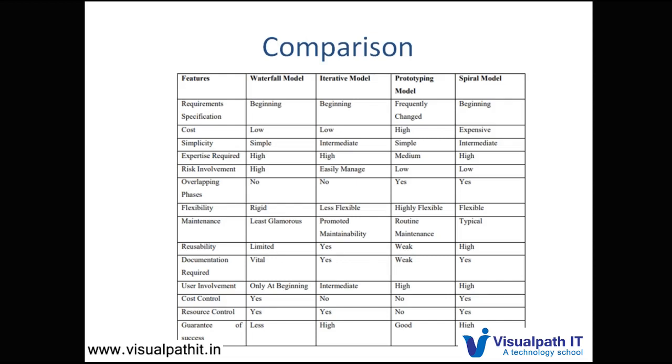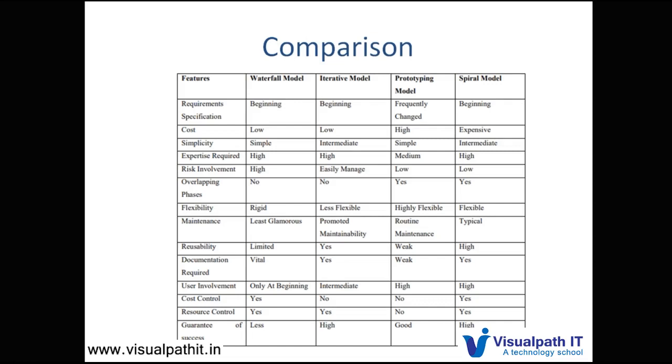And the important thing is, each SDLC model evolved as a new technology and addressed the weaknesses of the old models. So for example, from the waterfall model we got the V model, then the iterative model came, then the prototype model came.